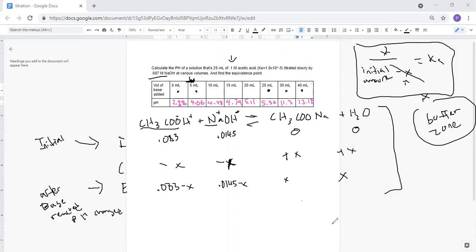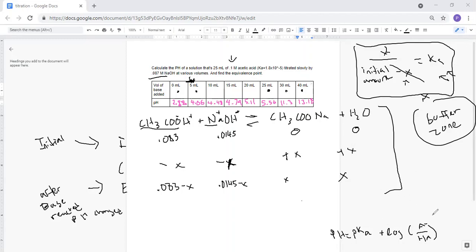This is the Henderson equation: pH equals pKa plus log of the conjugate base over the acid concentration. So we can't use this method anymore. It's not going to work.